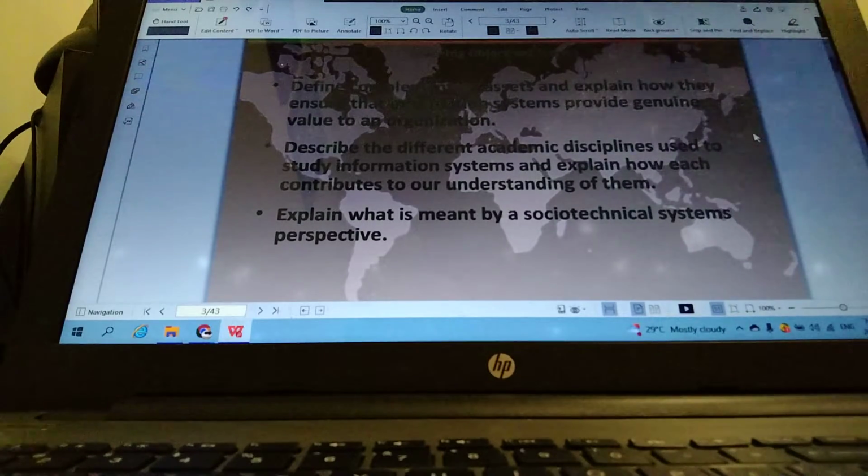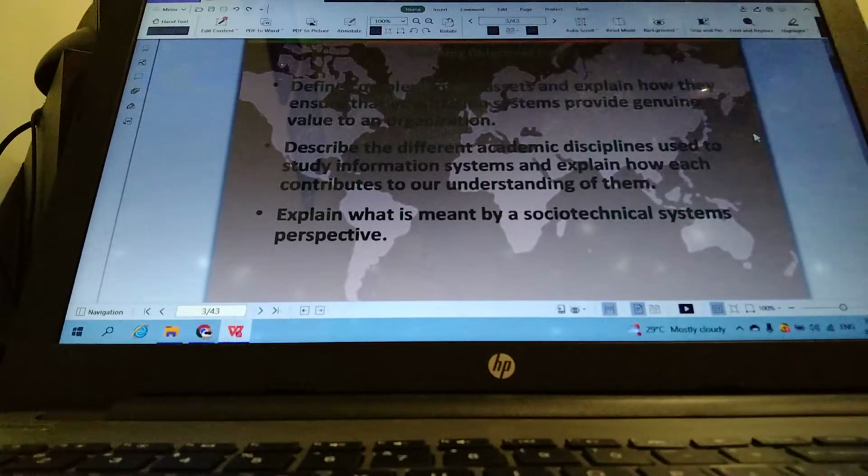Next, describe the different academic disciplines used to study information systems and explain how each contributes to our understanding of them. So here we will be looking at different academic disciplines that exist within MIS or IT, and how each contributes to business.